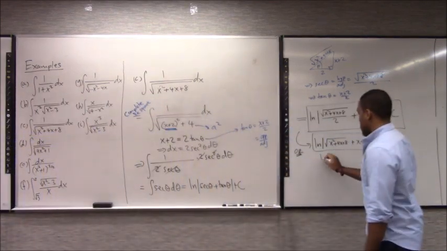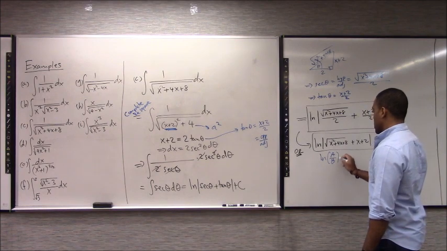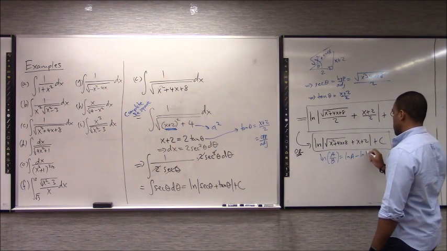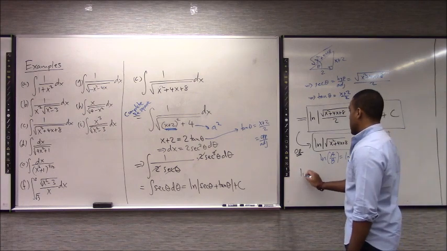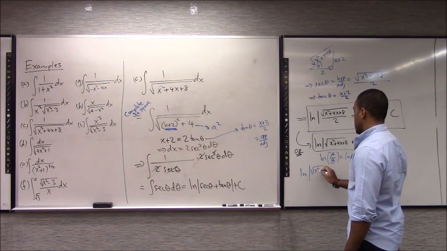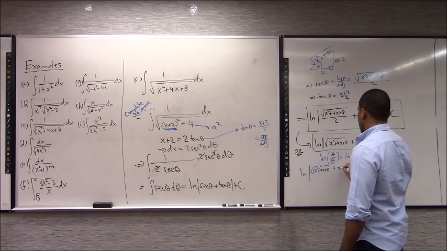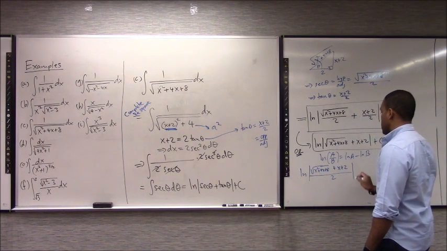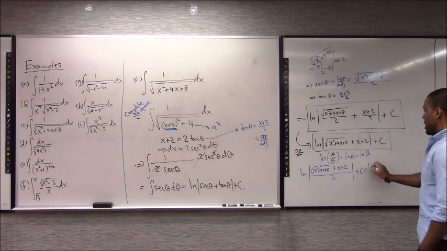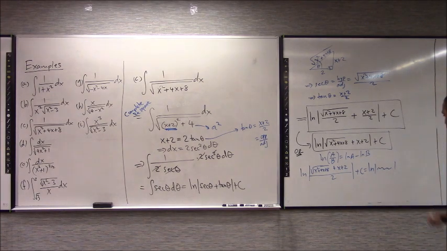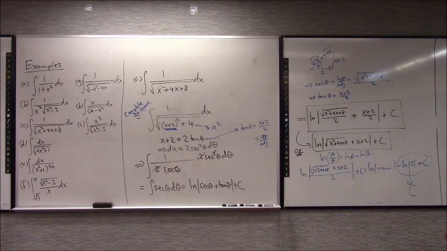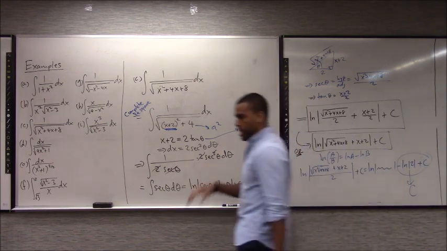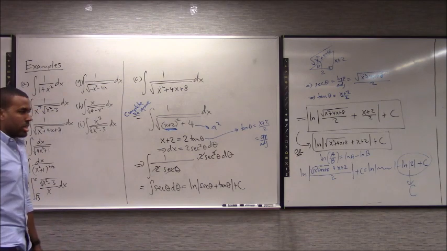Remember that ln of A over B is just ln of A minus ln of B. So if you have the ln of the radical x squared plus 4x plus 8 plus x plus 2, all over 2, you'd be able to write that as ln of all that gibberish for the radical, minus ln of 2 plus c, but then that ln of 2 part is just a new plus c, right? So just be aware of things like that. They might apply log rules when writing down the answers, just to get it a little bit simpler.